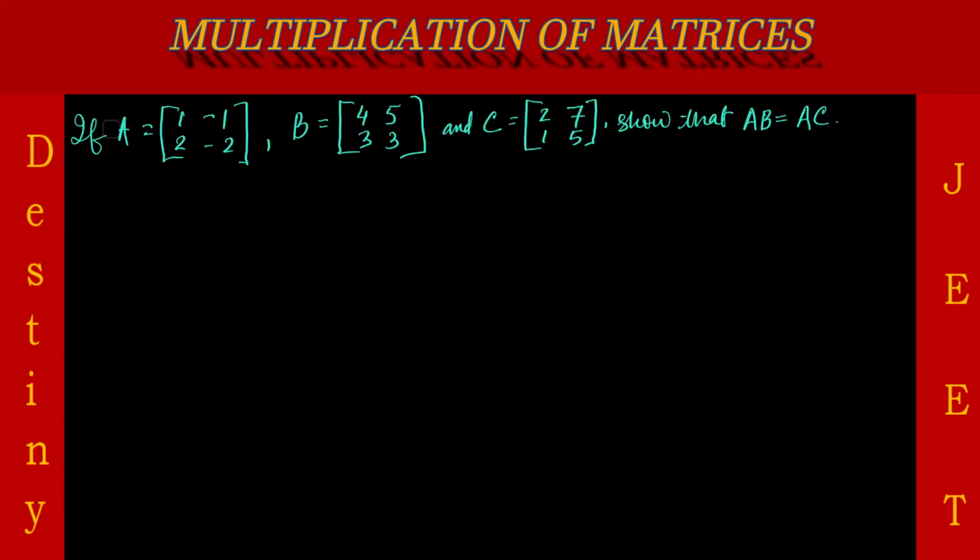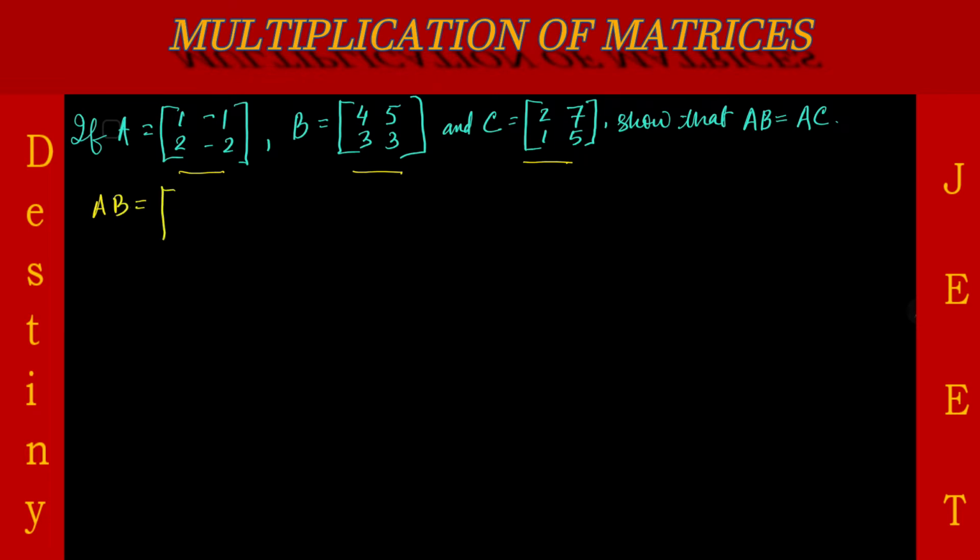Now we start solving the problems. Let's see the first problem. If A is this, B is this and C is this, show that AB is equal to AC. Let's do the solution.